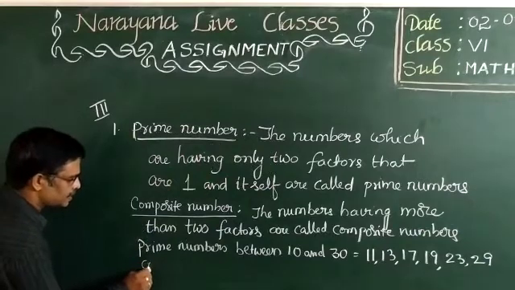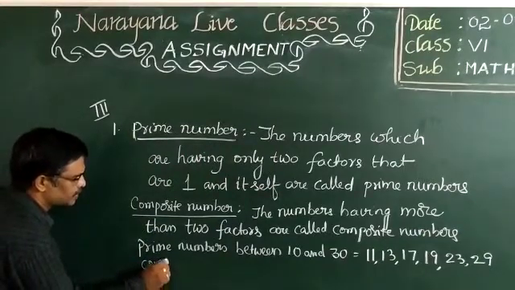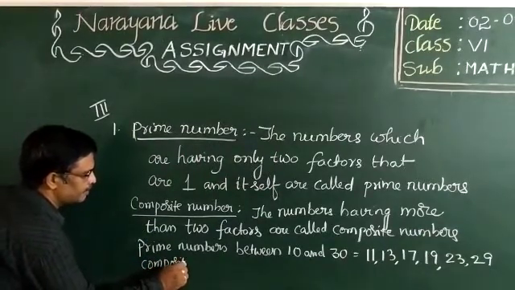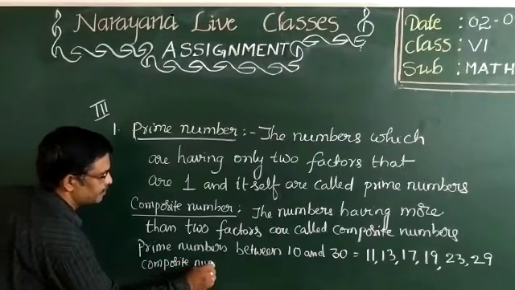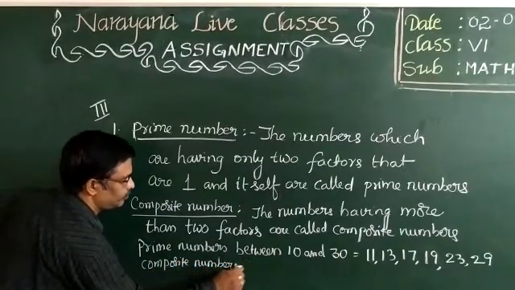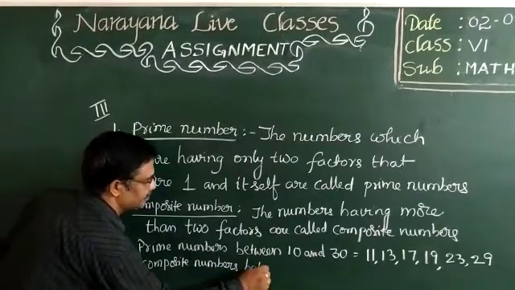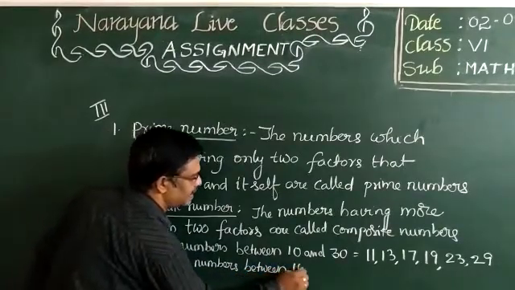And composite numbers, other than that, they are all composite. Composite numbers between 10 and 30.